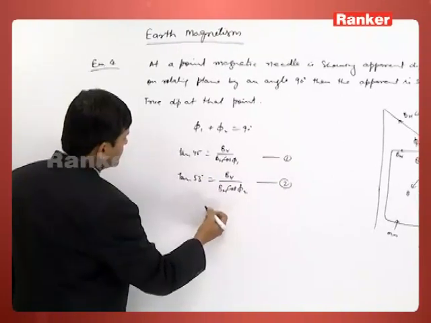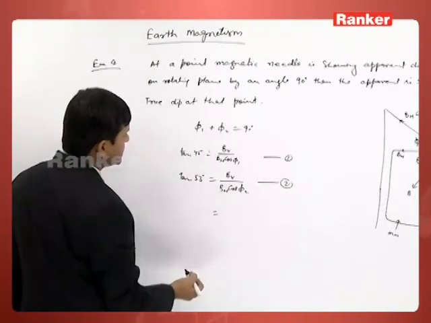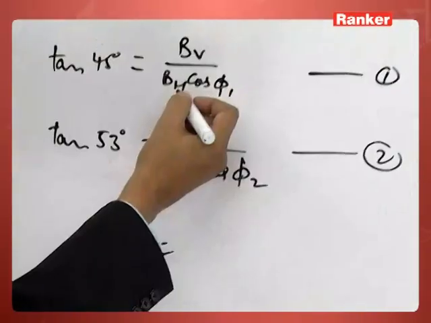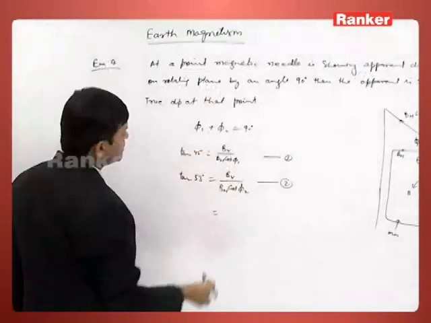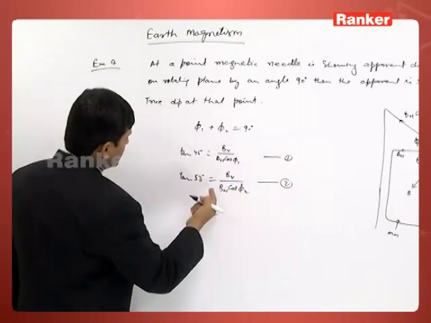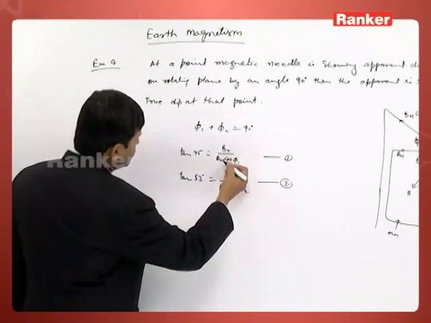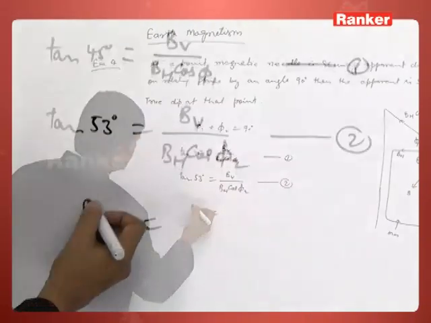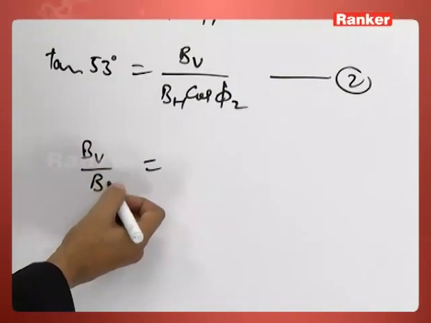So now we can write here BV by BH is actually tan theta. So now simplify this one, BV by BH.